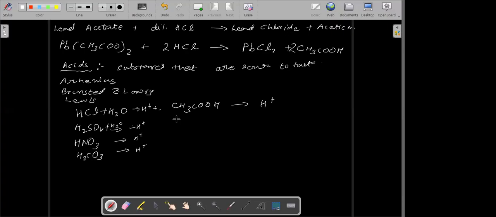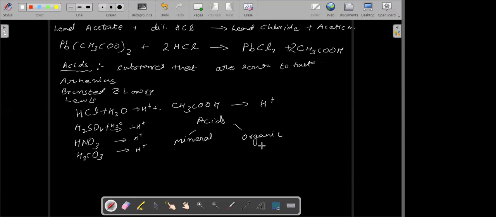So depending on the origin, we divide acids into two categories: either organic or mineral. Organic acids are the acids which originate organically or from organic substances. Mineral acids are the acids which can be prepared in the laboratory.